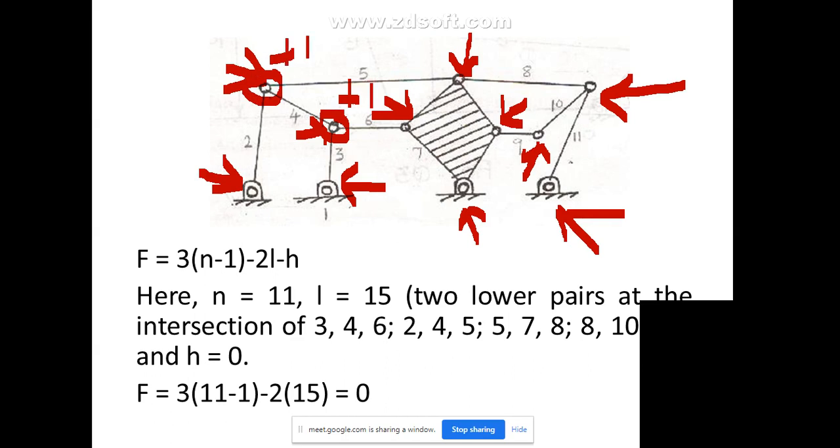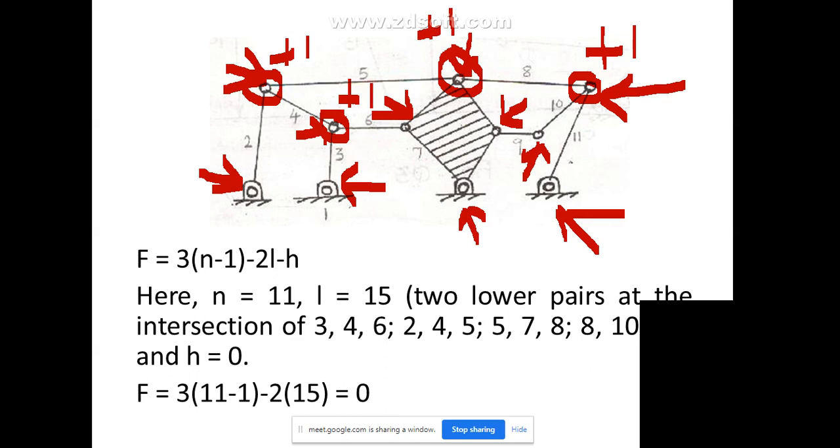Then the combination of 5, 7 and 8, here also more than 2 links are joined together, so this is again plus 1. And then the combination of 8, 10 and 11. At this point you have to take plus 1, making a total of 4 extra lower pairs to be considered.